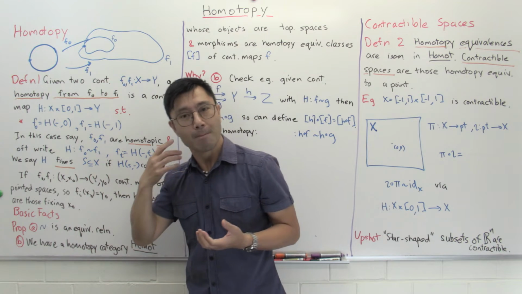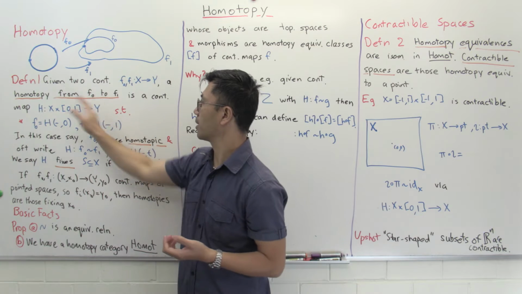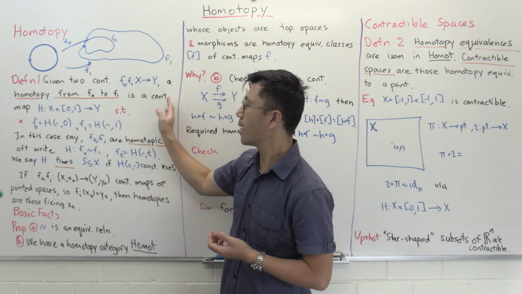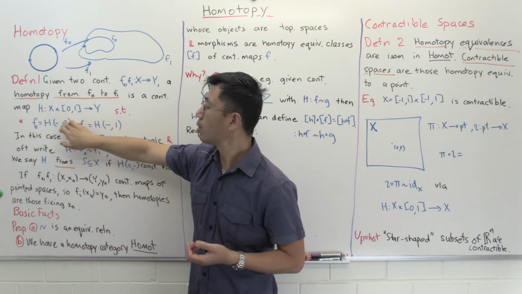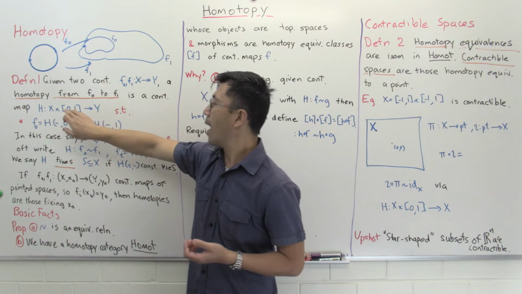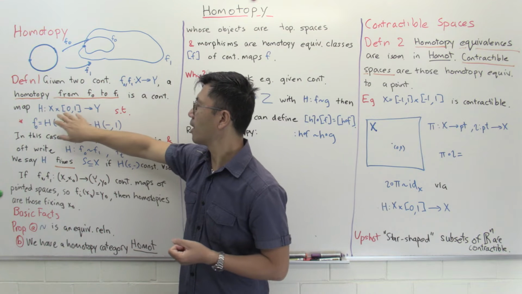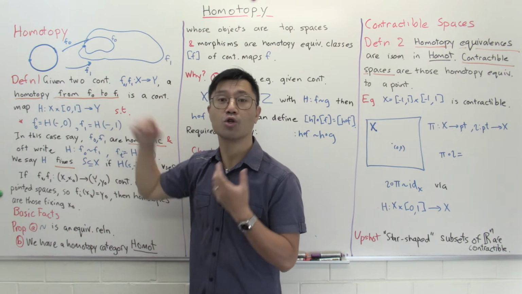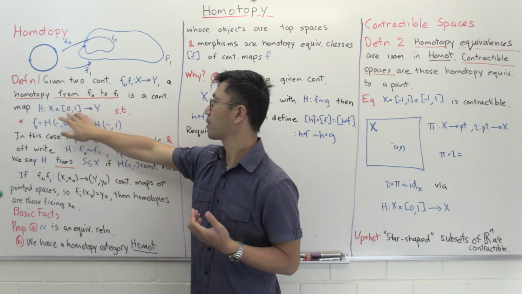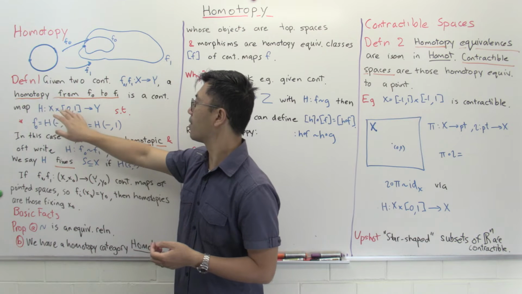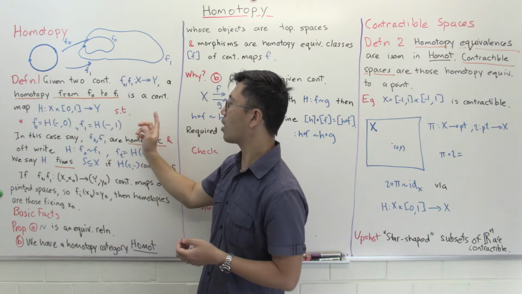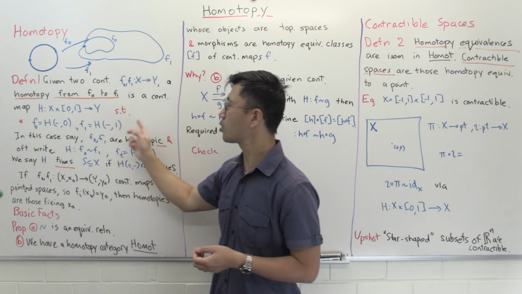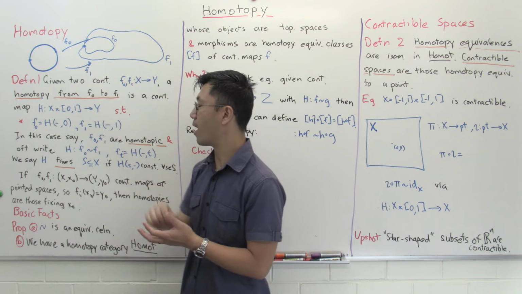So what's the mathematical definition of this homotopy? We're going to have a map from X cross the unit interval [0,1] to Y, where the elements of the unit interval you should think of as a time parameter. This is a continuous map H from X × [0,1] to Y, and it has to satisfy certain properties which relate it to the two maps f0 and f1.